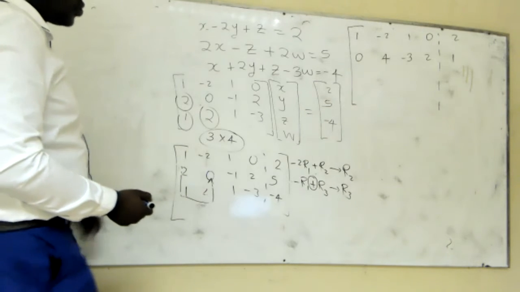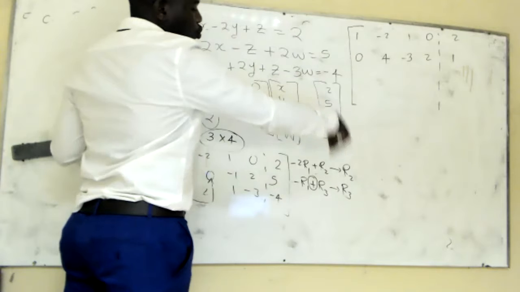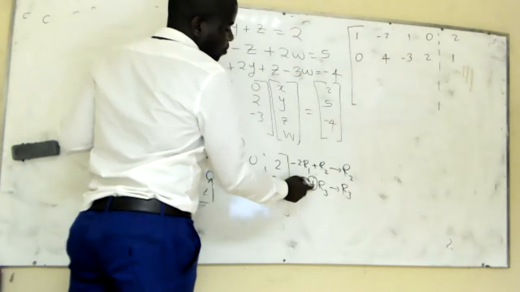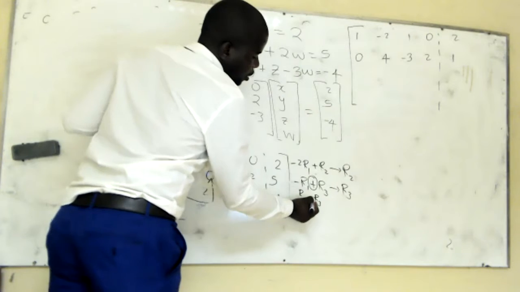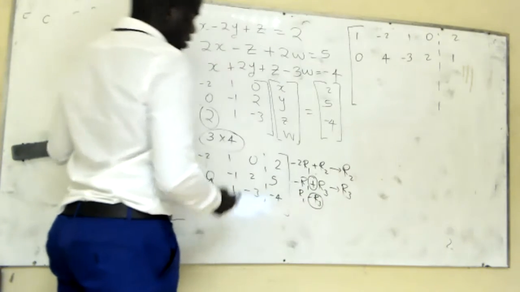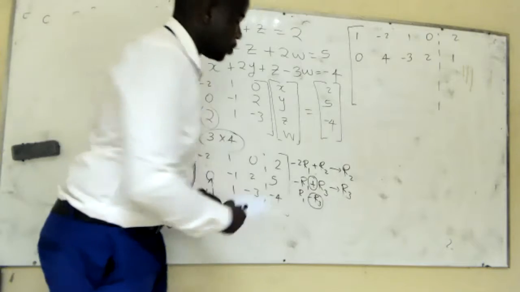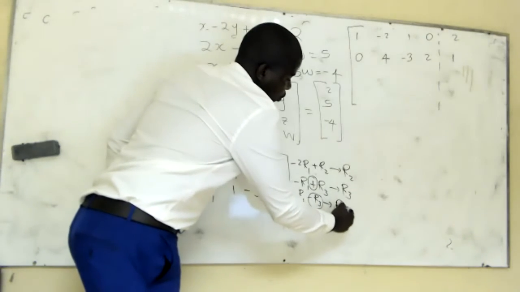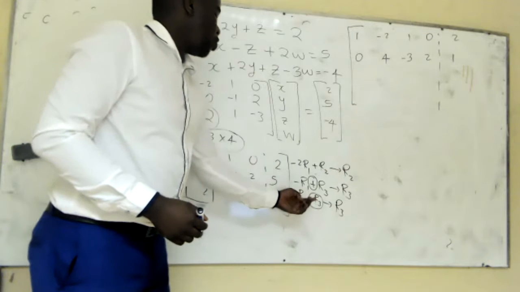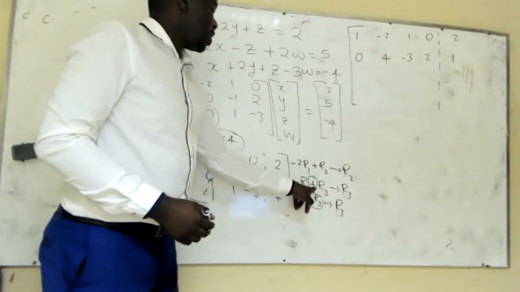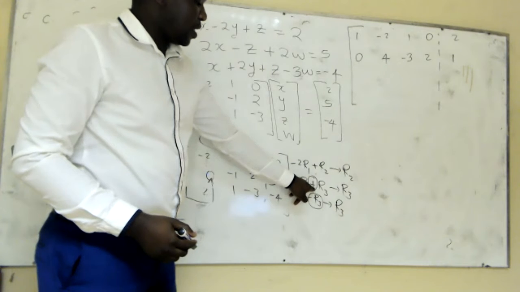Because we are adding new rows, we have to add. So if we say row 1 minus row 3, it could have an effect on the signs for the new row 3. So we rather write it this way so that we don't tamper with the sign that we have there.